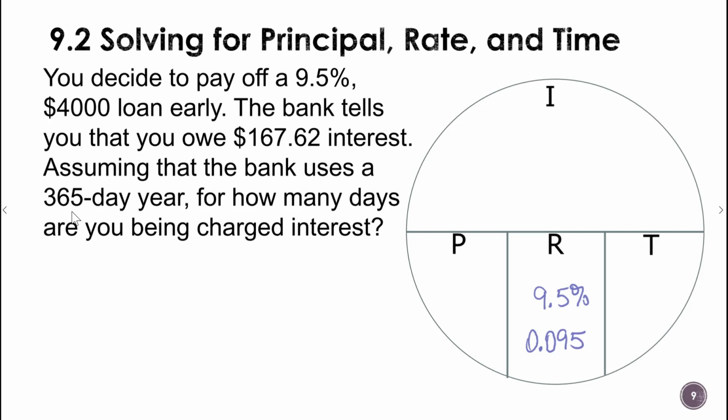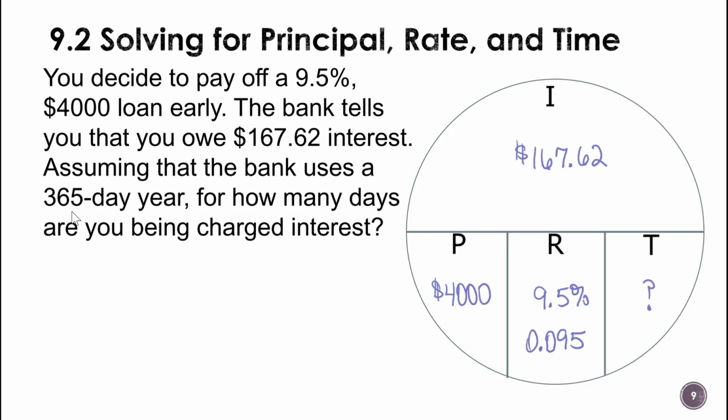A $4,000 loan, so the principal is $4,000. The bank tells you that you owe $167.62 in interest. And assuming that the bank uses a 365-day year, for how many days are you being charged interest? So we are looking for time.